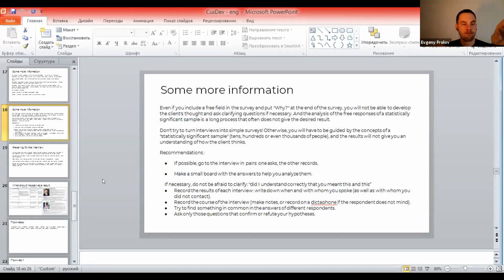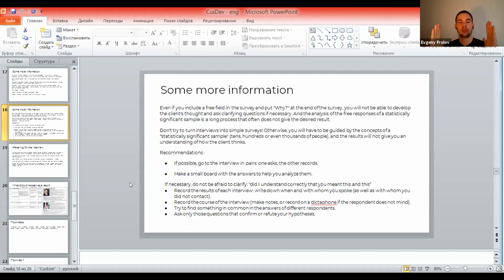Usually I use an Excel file where I put questions in one column and answers one by one of each respondent, and then you have the whole table to compare each answer, to highlight insights, to understand if there are common answers, common problems.